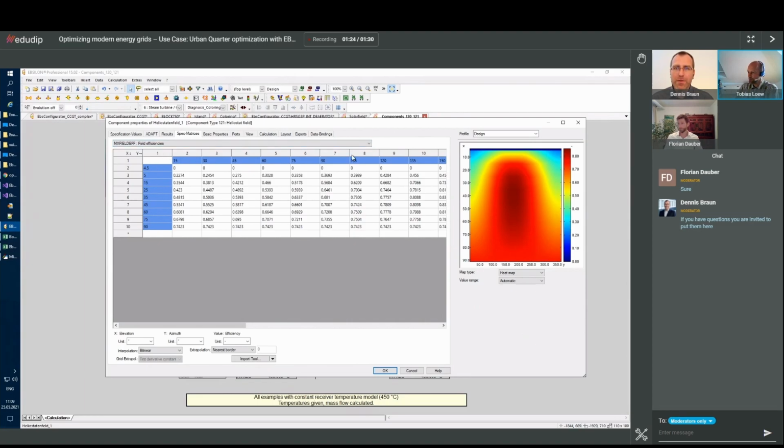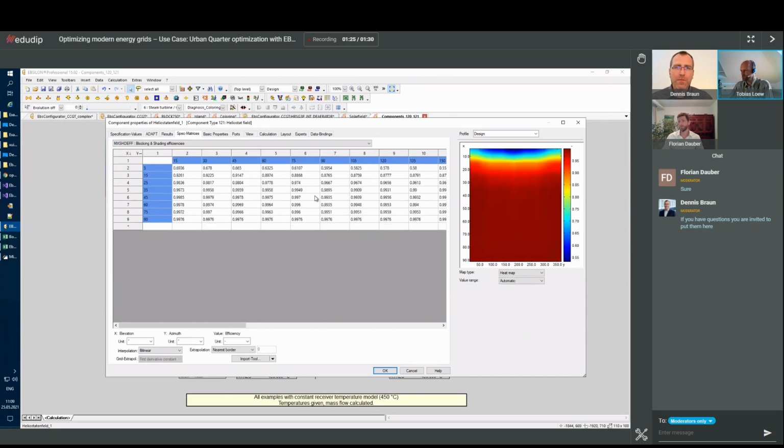So here, the sun position in degrees and the efficiency of the solar field, and we have cosine efficiency and blocking and shading for the different configurations. This is all data we get from the configurator from the DLR.